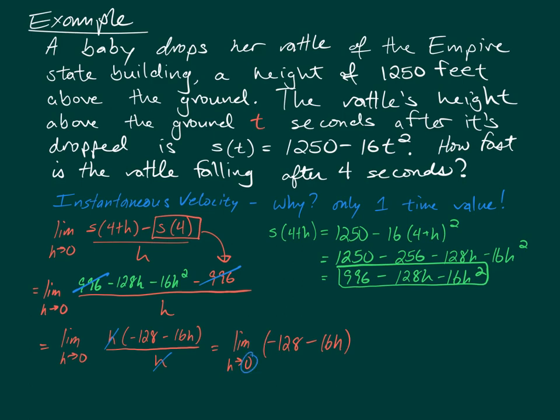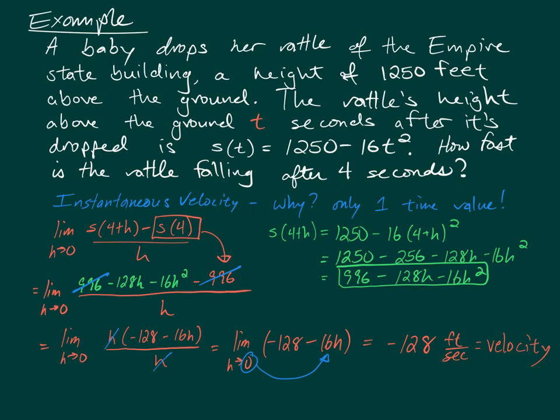So now you are able to substitute directly in and get that how fast the rattle is falling after 4 seconds is negative 128 feet per second. And from the previous slide, you know that speed is the absolute value of that. So this is the velocity of the rattle after 4 seconds, and that makes sense because we are talking about the rattle's height above the ground after so many seconds.